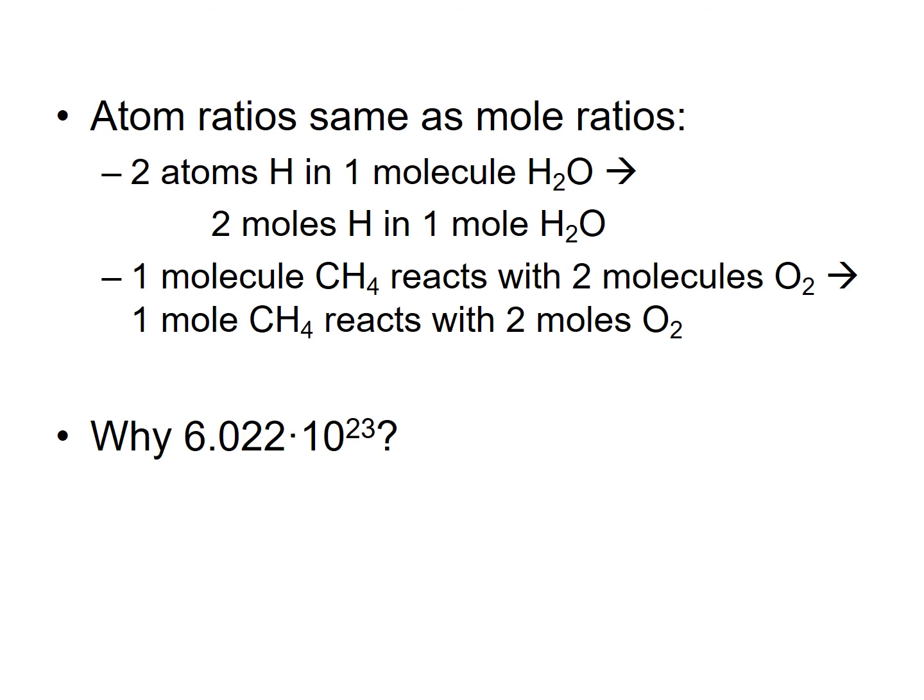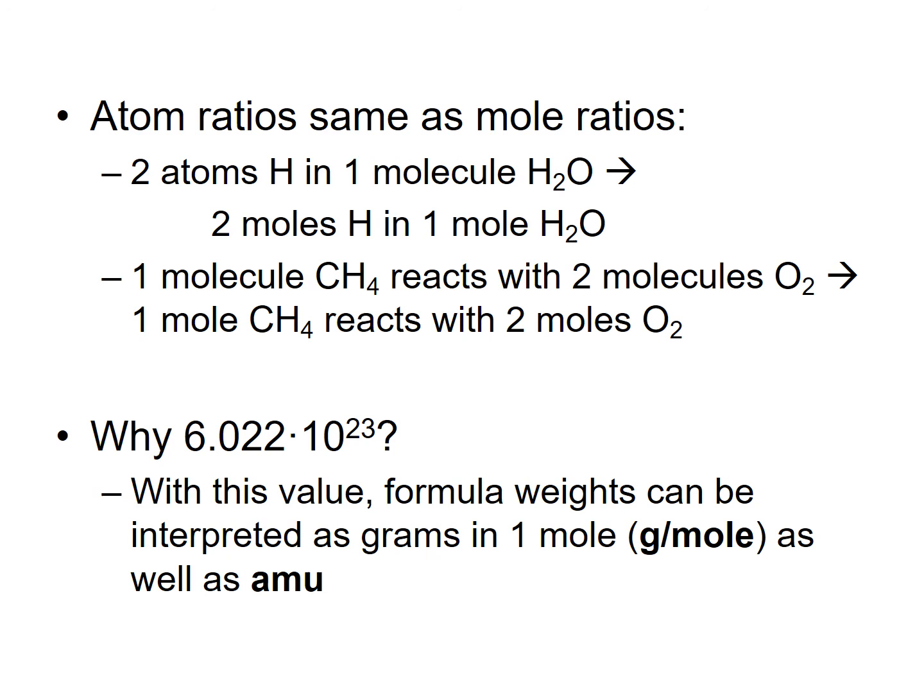But it turns out that when we use that number, the formula weights that we express in atomic mass units work out nicely. We look in the periodic table and we see hydrogen weighs 1.007 atomic mass units. Well, that also implies that 1 mole of hydrogen weighs 1.007 grams.